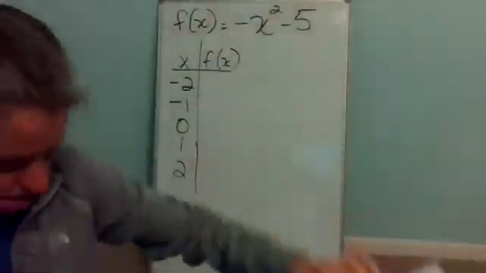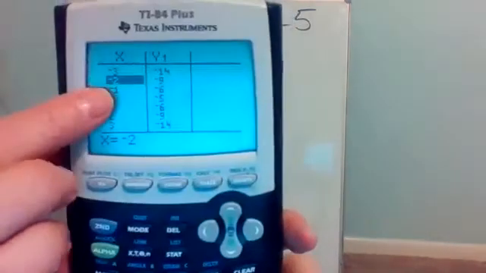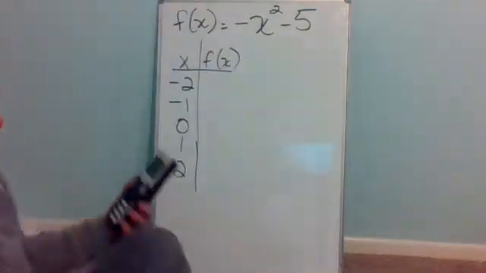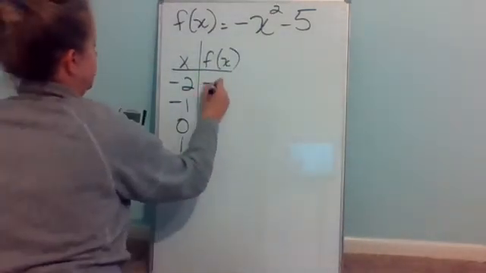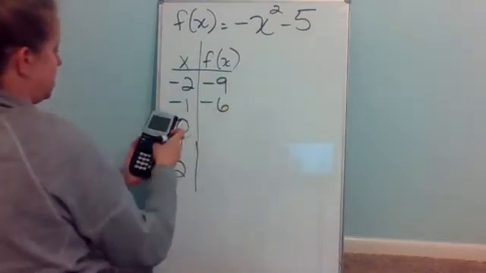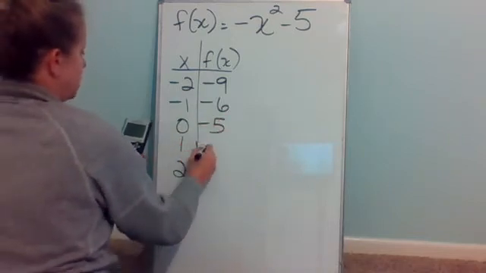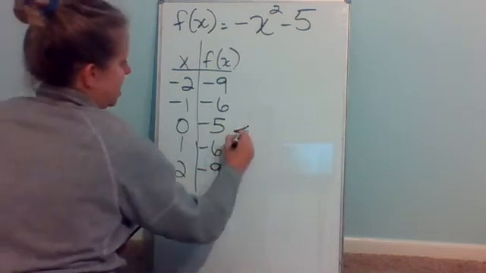So I'm just going to choose the numbers that are in the Y that go with these. So let's see, -2 goes with -9. -1 goes with -6. 0 goes with -5. 1 goes with -6. And 2 goes with -9.